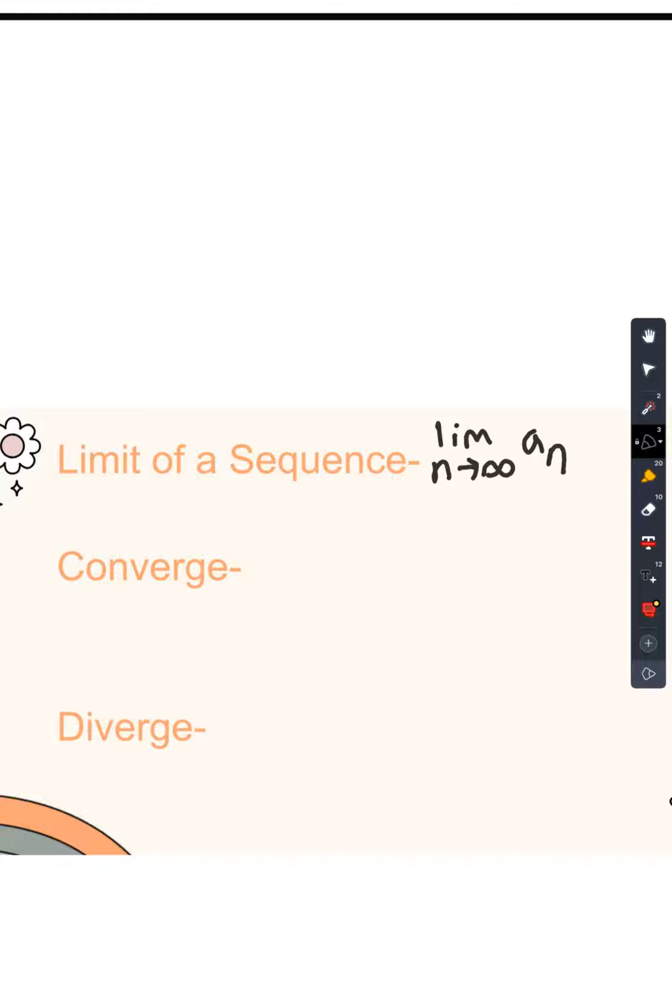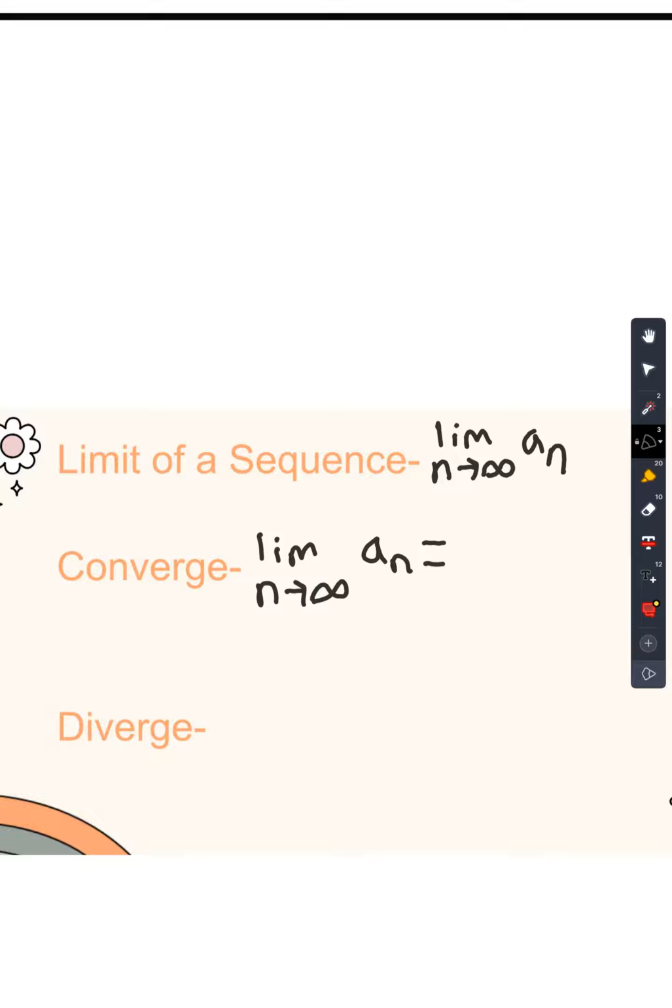And we have two different options here. Our terms can be going towards a particular number. If my terms seem to be approaching a particular number, when we take our limit, just like when we've taken limits in the past, we're going to say that that converges.